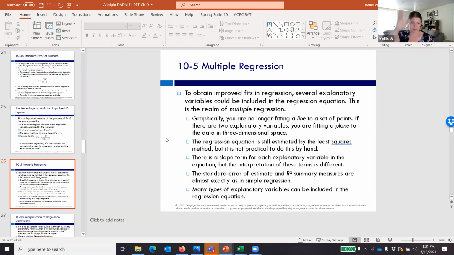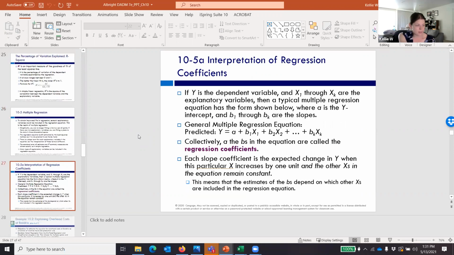So it complicates everything. There is a slope term for each explanatory variable. The same concepts apply for the standard error of the estimate and R-squared summary measures. R-squared is between 0 and 1. We want a smaller standard error, and we want an R-squared closer to 1. And we can include many types of explanatory variables in our equation.